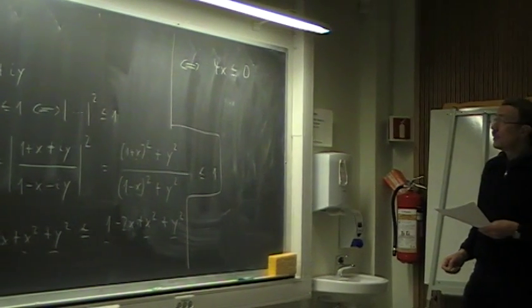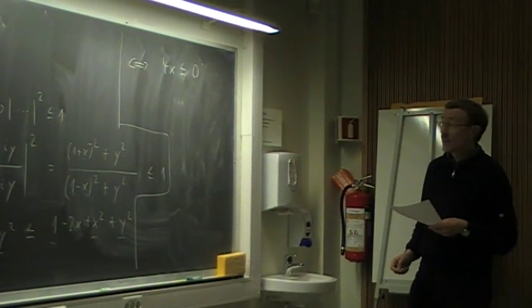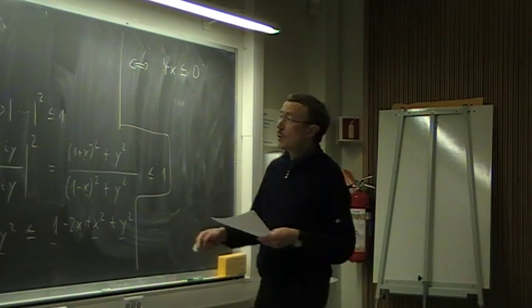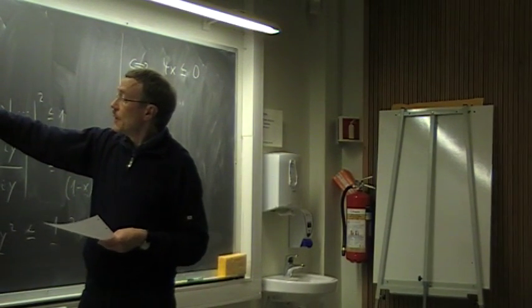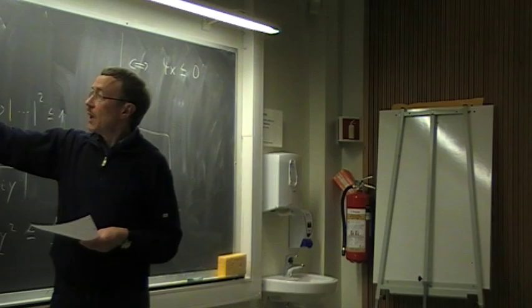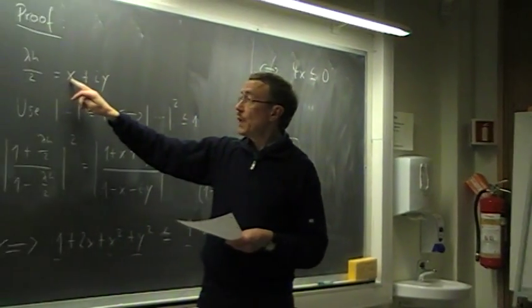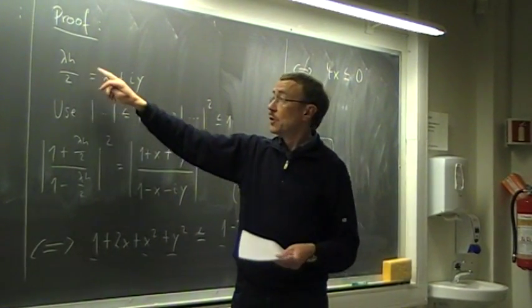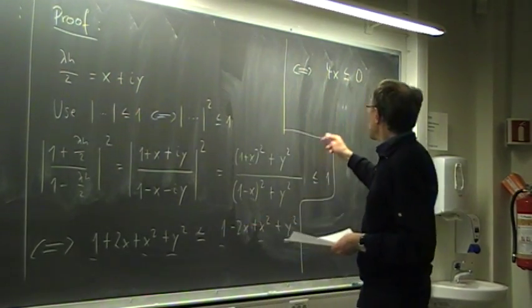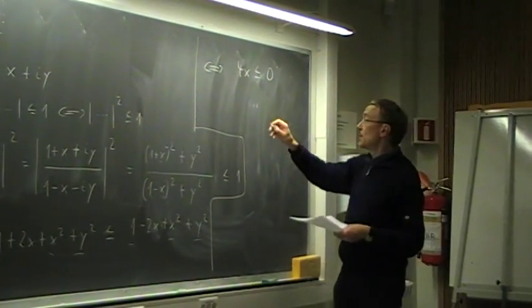Now we can identify what the x was. The x was, we see here, the real part of lambda h half. That means 2x is the real part of lambda h. That means 4x is 2 times the real part.